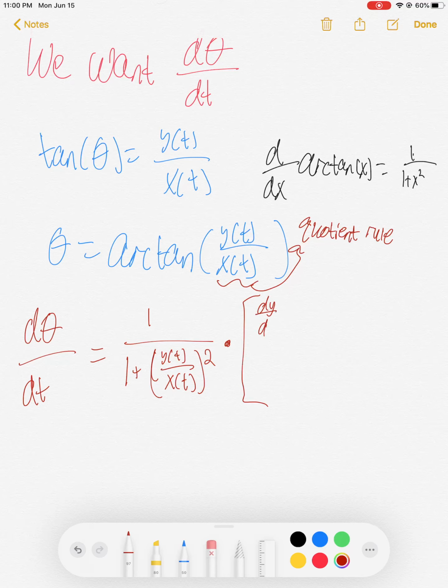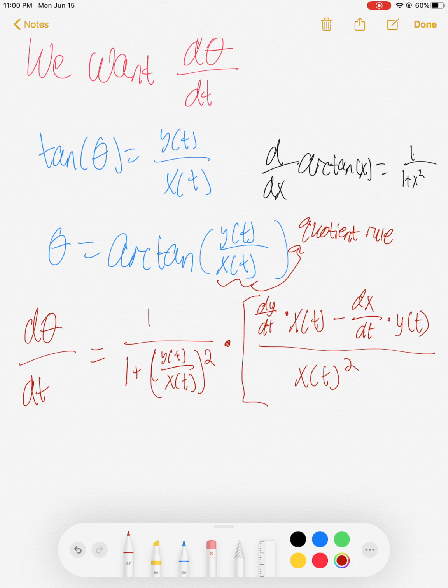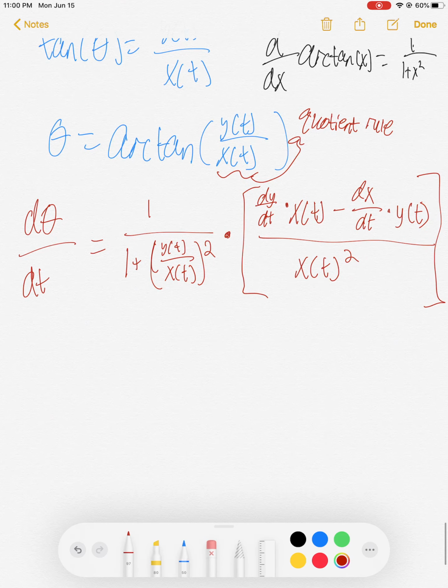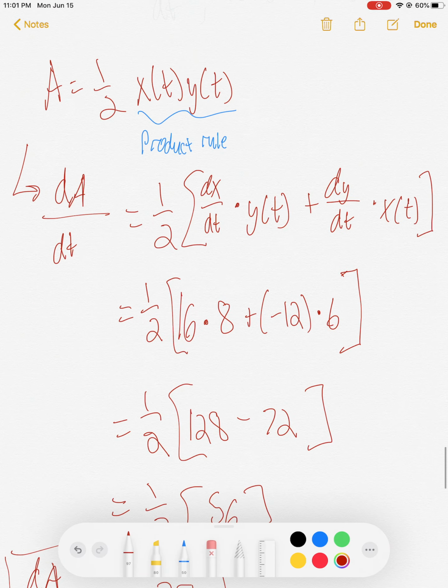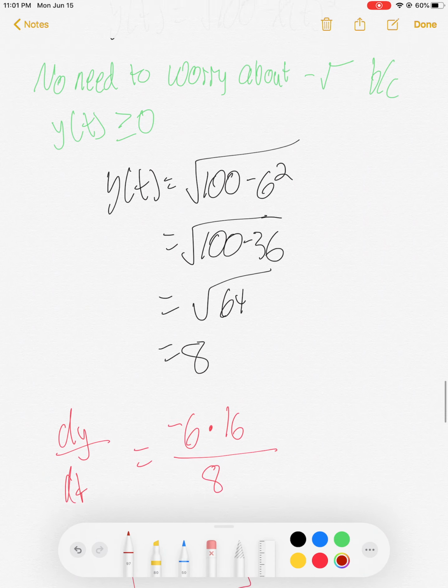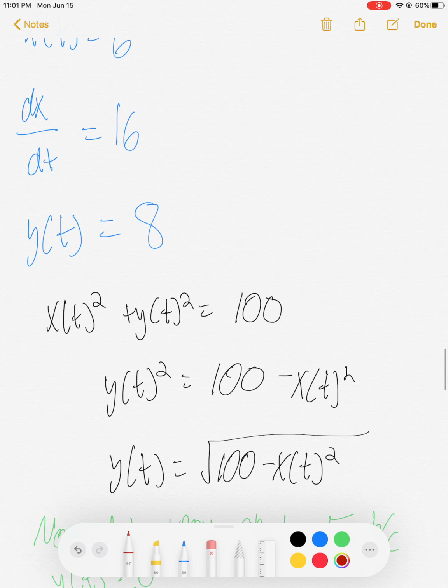So y of t over x of t squared. Now we need to multiply that by the derivative of y of t over x of t. And for this, I need to use quotient rule, right? So I'm going to have dy dt times x of t minus dx dt times y of t all over x of t squared.